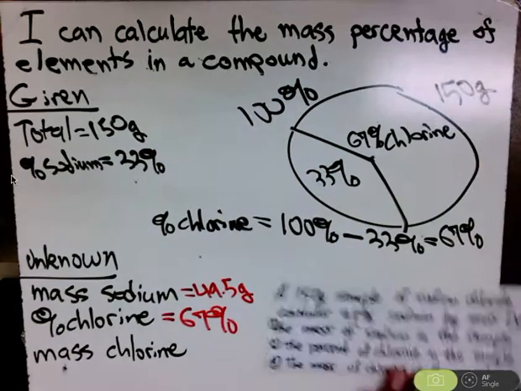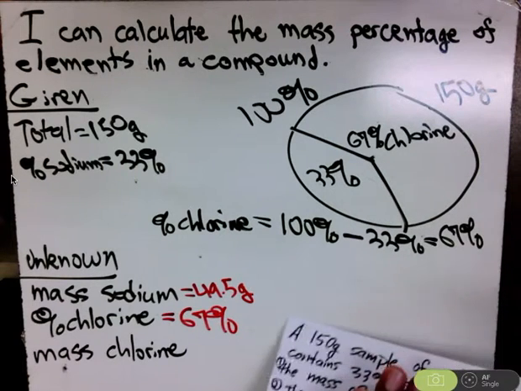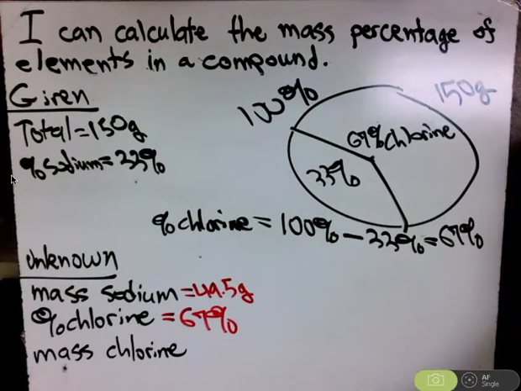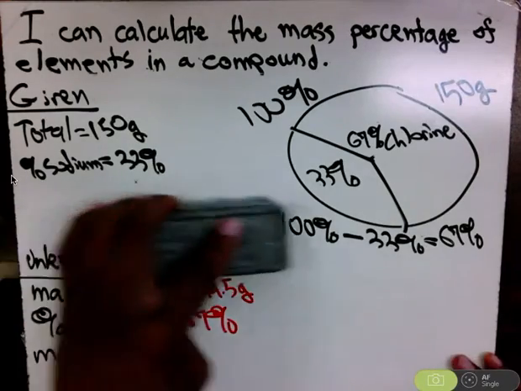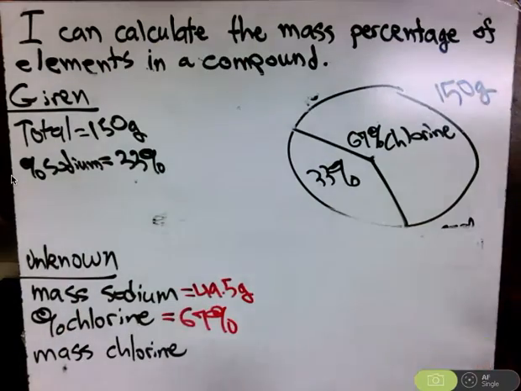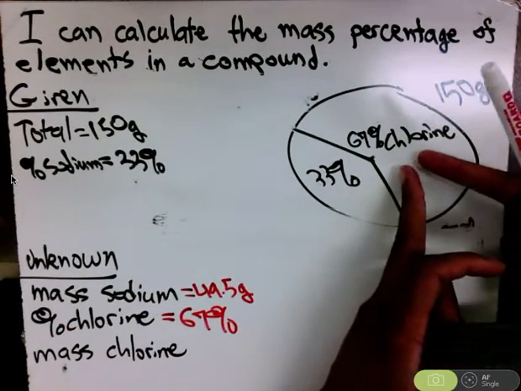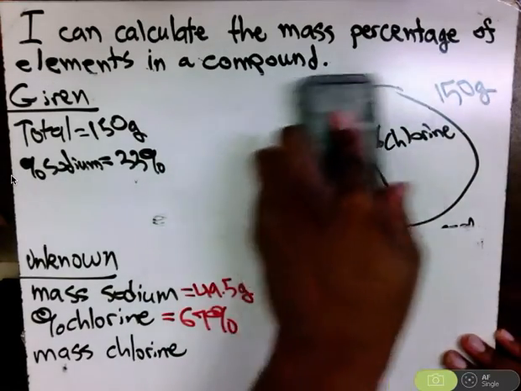So how do I find the mass of chlorine? It's the same method that I used to find the mass of sodium. I have 150 grams. I'm going to multiply it by the percent of chlorine.